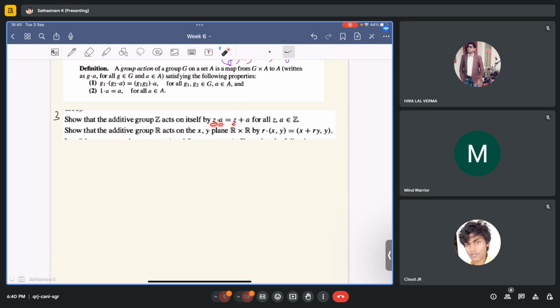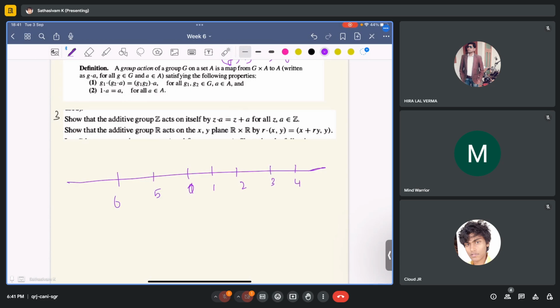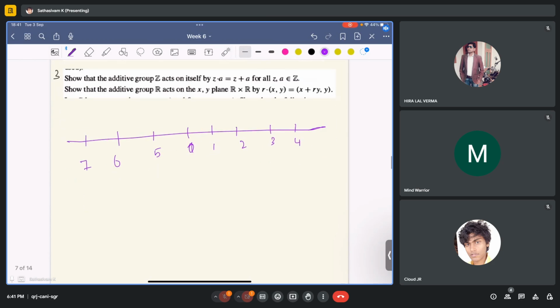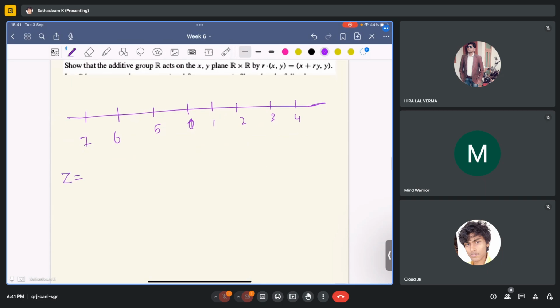Z acting on A adds Z. Let me draw it here so you can see what I mean by action. Let me take 0, 1, 2, and let Z be 1, let's say.